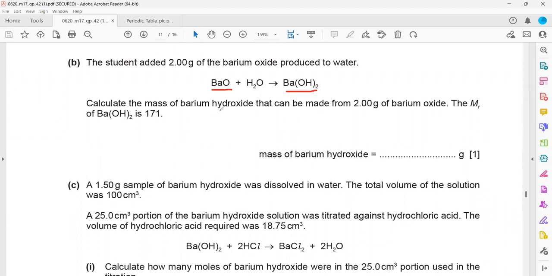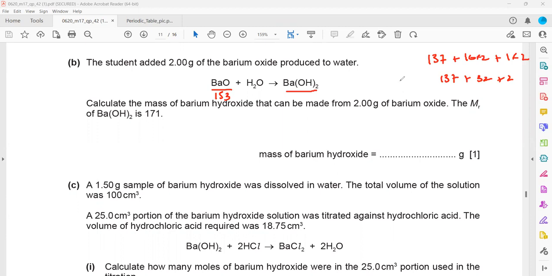So that will make 153. So barium oxide is 153. Barium hydroxide: barium is 137, oxygen is 16 times 2, 32, plus hydrogen 1 into 2. So 137 plus 32 plus 2.